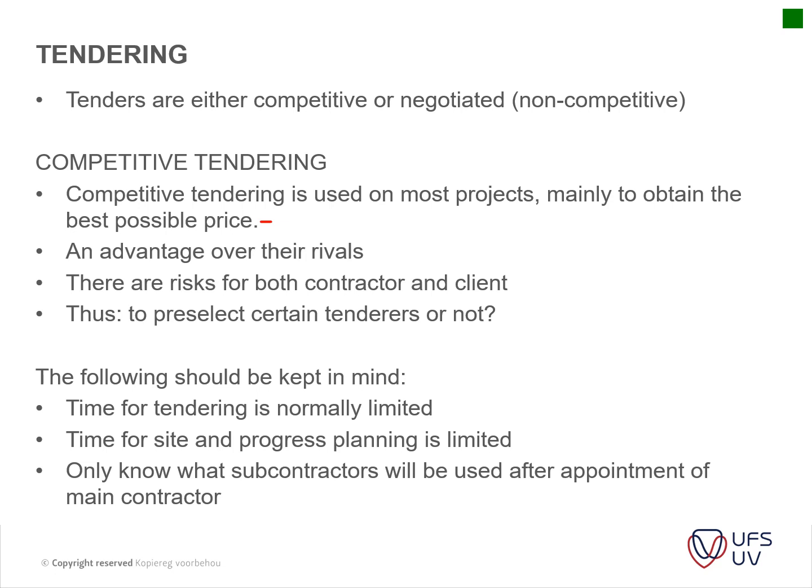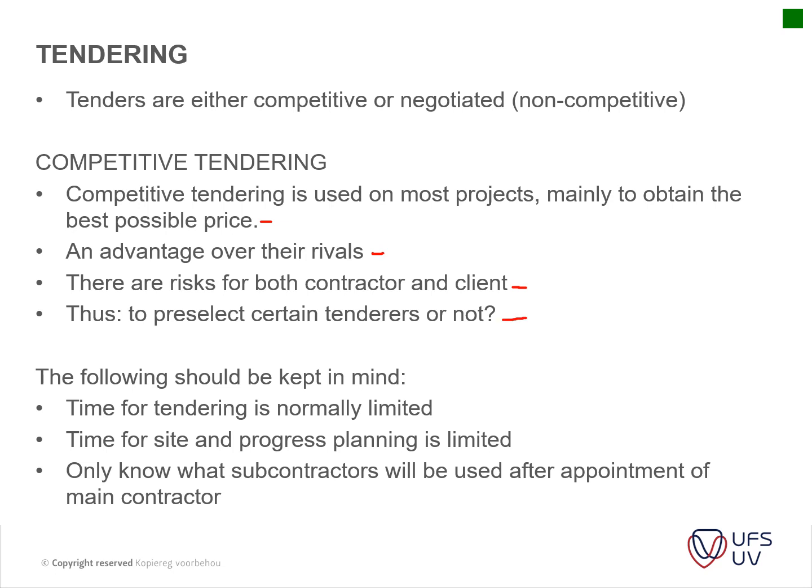Then it has an advantage over its rivals. There are risks for both contractor and client on these types of projects, and it's elaborated a little bit in your textbooks, and we'll get into that. Thus, to pre-select certain tenderers or not, that is the question.